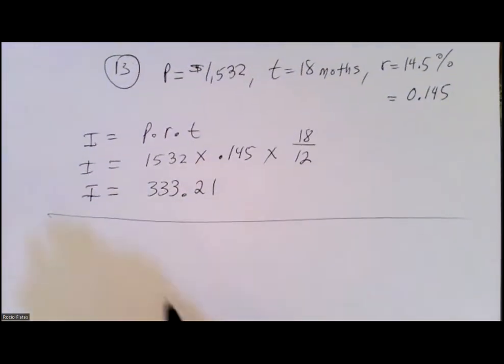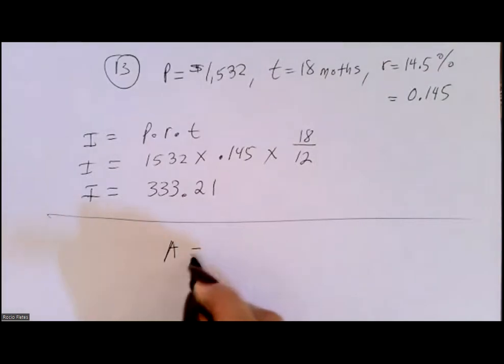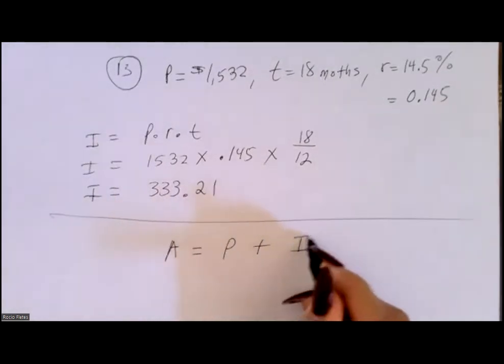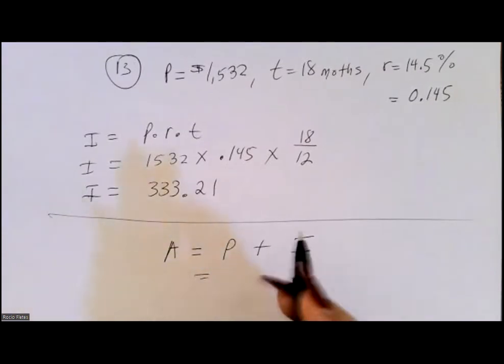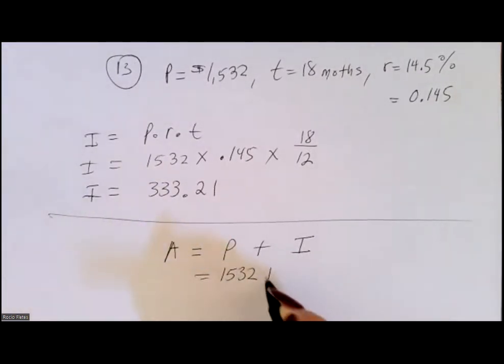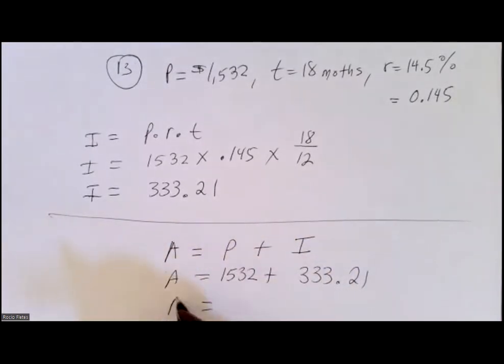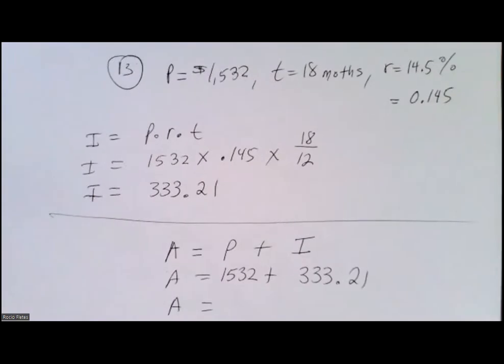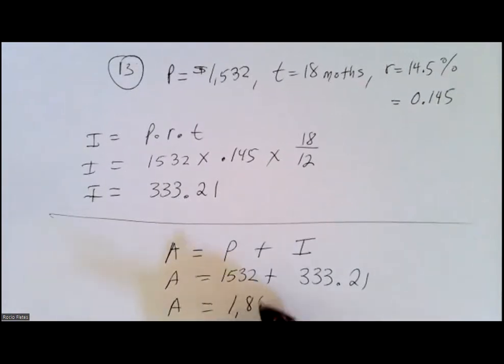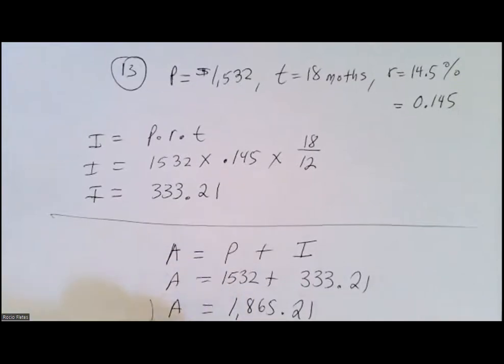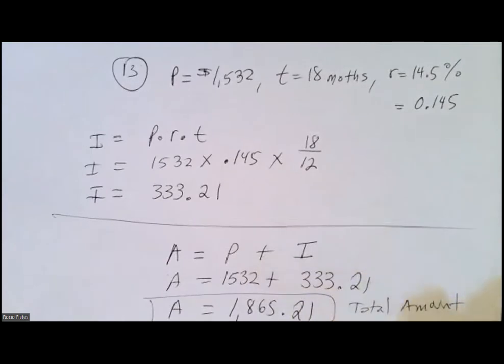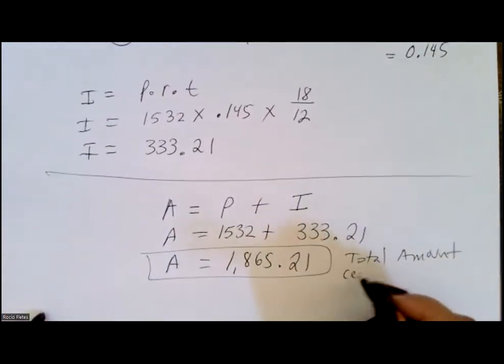So the total amount, A, remember A equals the principal plus I. The total amount is the principal, 1,532, plus the interest, 333.21, and that gives me a total amount of 1,865.21. This is the total amount that Cecilia needs to pay back, but this is not what we're looking for.